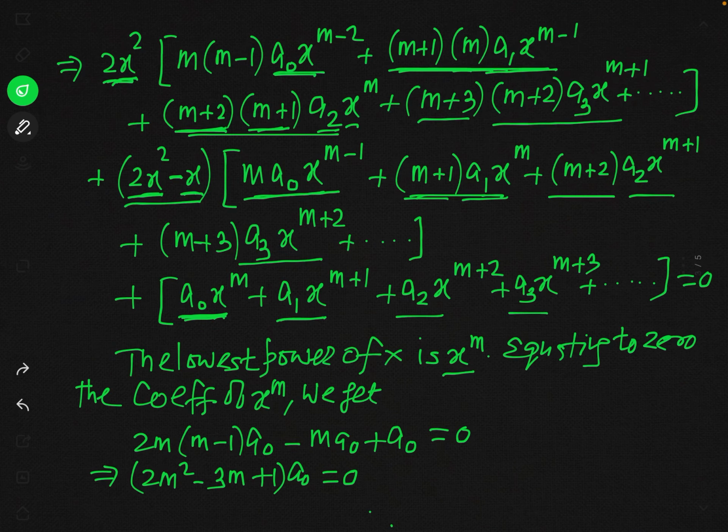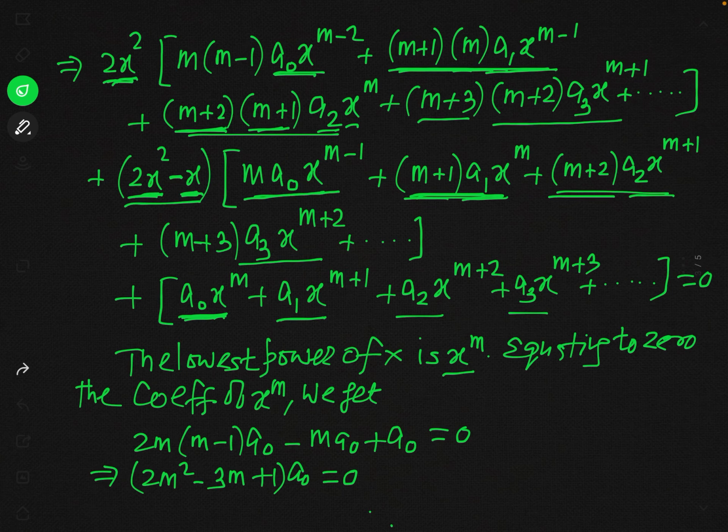Now see the second series. In the second series you can see when we multiply by this 2x square to this term, then x will have a power m plus 2. So one term will be 2 into (m plus 1) into a1. And again, when we multiply by this minus x to this term, here already x has a power m plus 1, and when you multiply by this x, then there will be x to the power m plus 2.